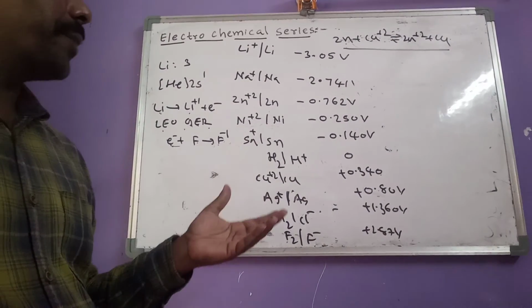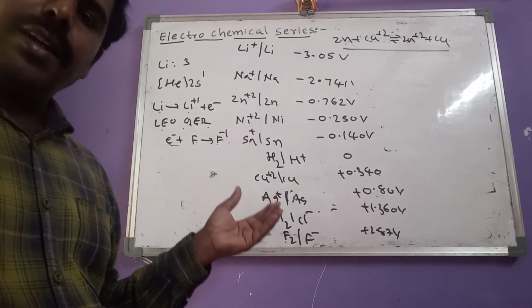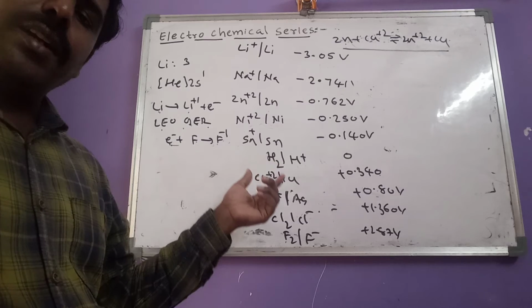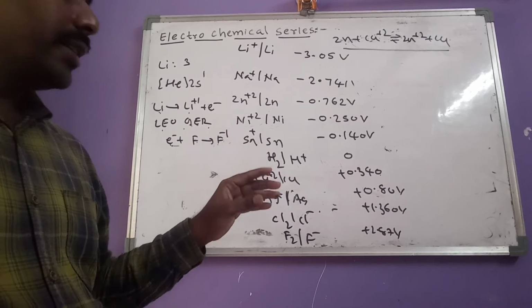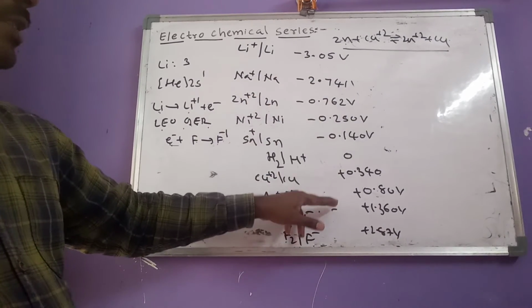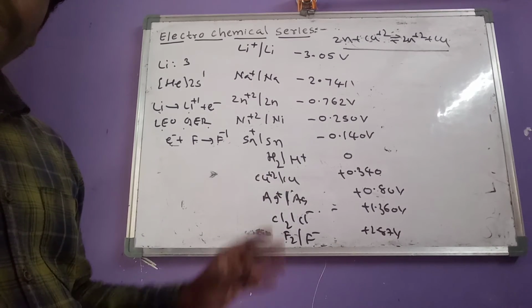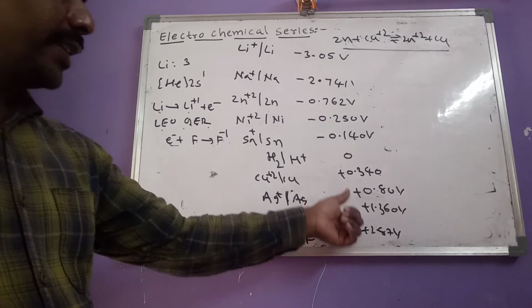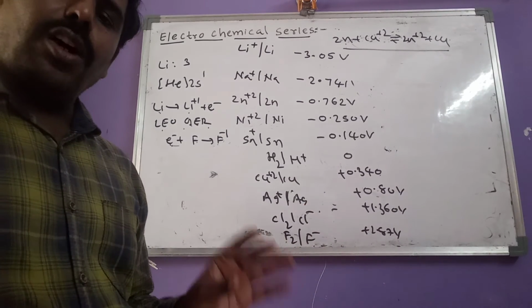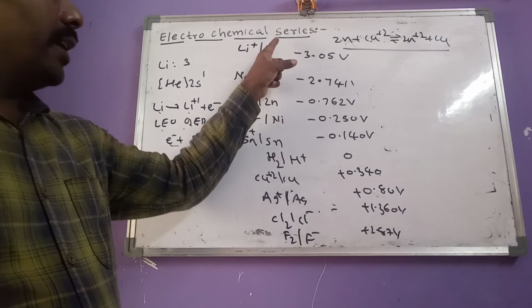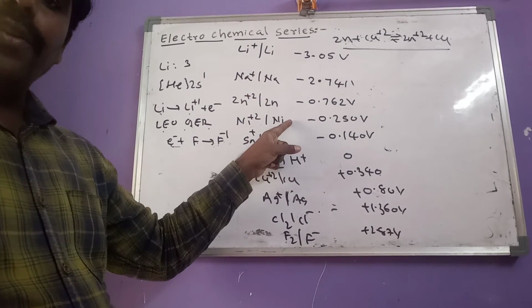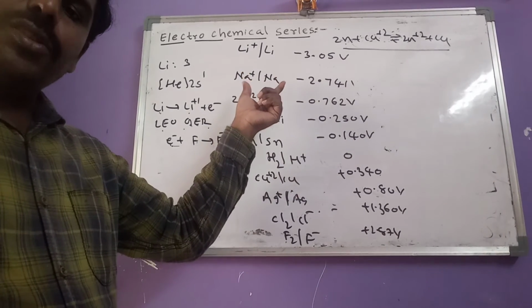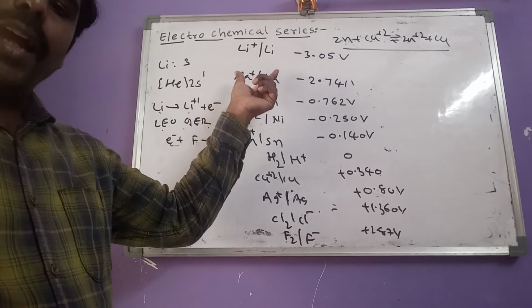So like that, the electrode having less E0 value acts as a reducing agent, itself undergoing oxidation, and the electrode having highest E0 value acts as an oxidizing agent, itself undergoing reduction. Whenever electrodes having negative E0 value are connected with hydrogen electrode, they undergo oxidation and act as anode.